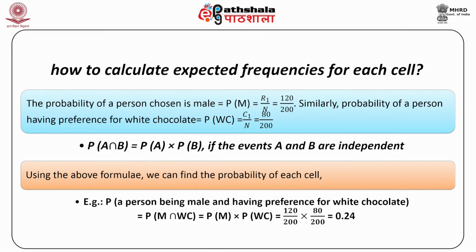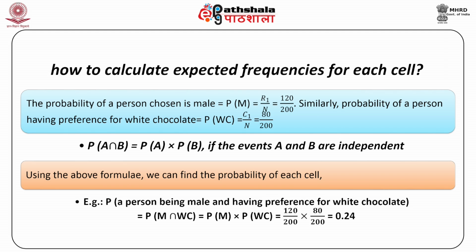Now, before I proceed further, we will understand how to determine the probabilities related to different categories from the contingency table. For example, the probability of a person chosen is male, which is probability of M. Now, this can be calculated to be equal to R1 upon N and is equal to 120 by 200. Now, this comes from our relative frequency definition of probability, where we have the probability of the observed phenomena in the numerator and the total frequency in the denominator.